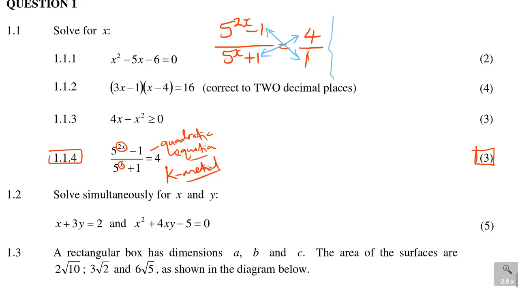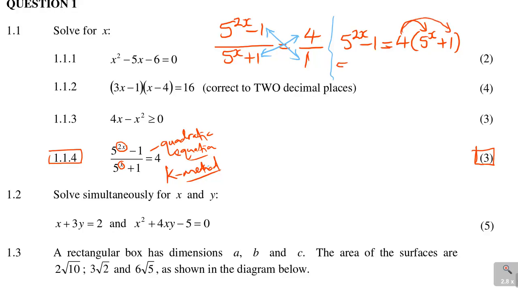When I do that, it will then become 5 to the power 2x minus 1 times 1 will remain like that, is equal to 4 into 5 to the power x, not 2x this time, it's 5 to the power x plus 1. See that? Then you have to open this bracket, expand and expand.